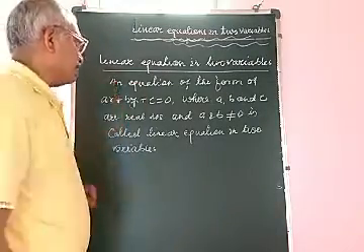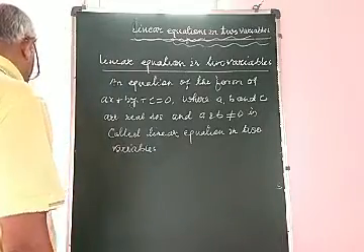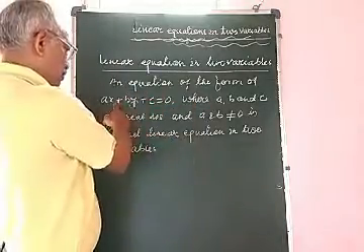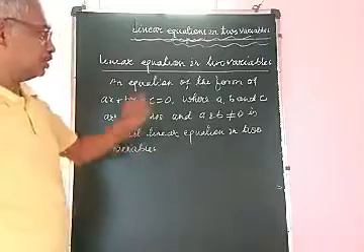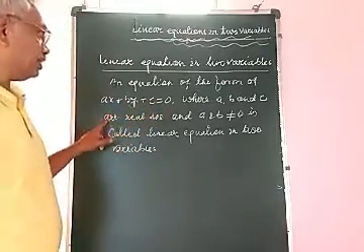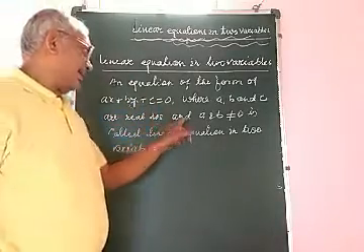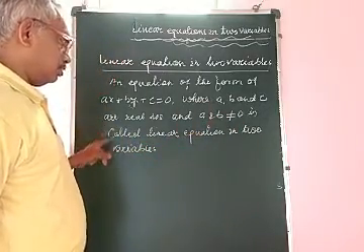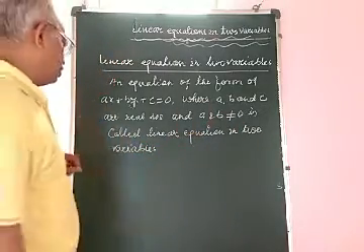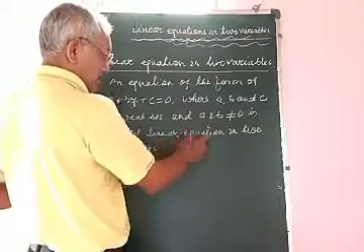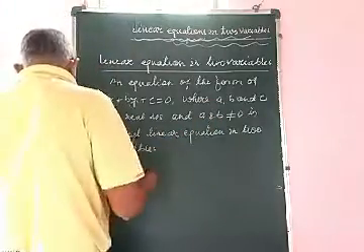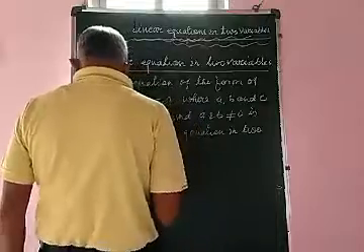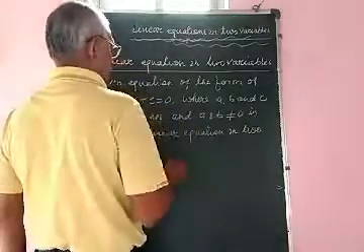An equation of the form ax plus by plus c is equal to 0, where a, b, c are real numbers and a, b are not equal to 0, is called linear equation in two variables x and y.